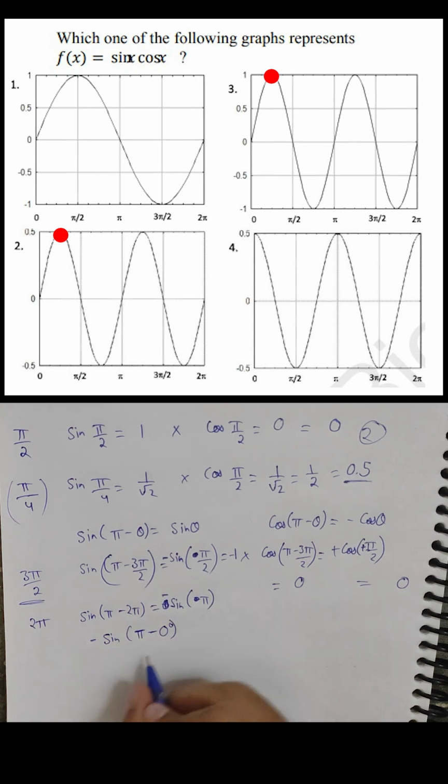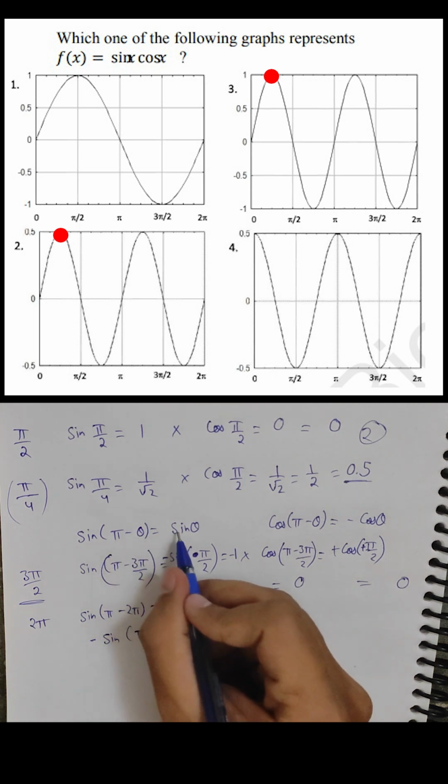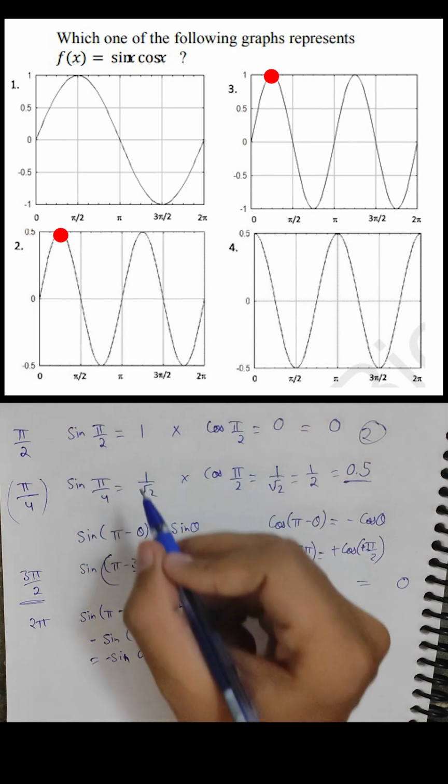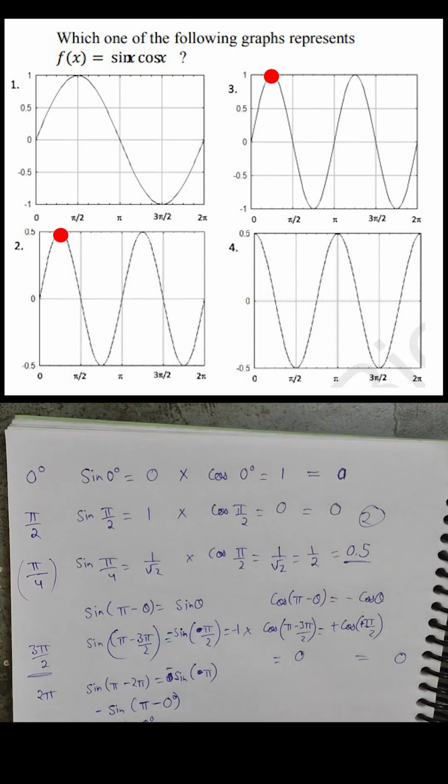Since we know that sine of pi minus theta is equal to sine theta, it will be equal to minus sine 0 degree. And we know that minus sine 0 degree is equal to 0, so it will be 0, and anything multiplied by 0 will also be 0.